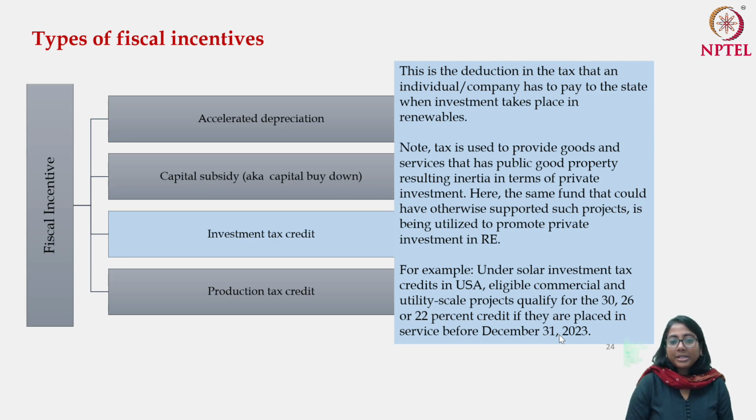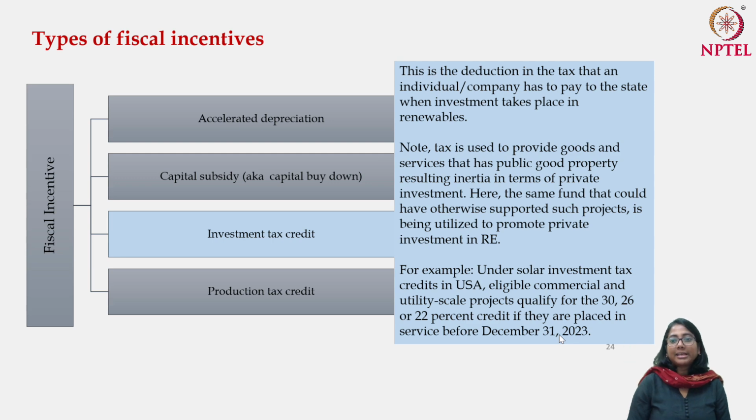One example: in India, we don't have many investment tax credits in place. The most prominent one is actually in the US. This is the solar investment tax credit in the United States of America, where eligible commercial and utility scale projects qualify for a 30%, 26% or 22% credit if they are placed in service before a stipulated time period.